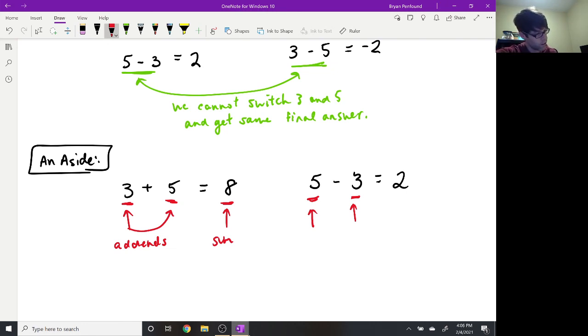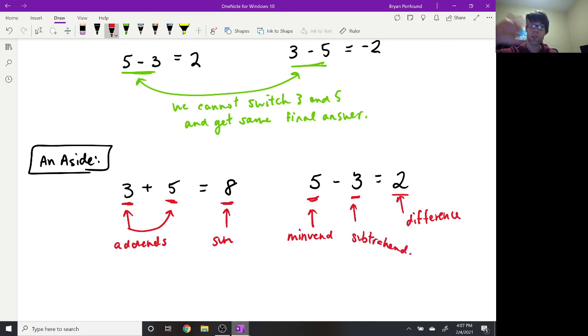So that's addition. Okay, I always know this one. This one's always called the difference. Right, the difference of 5 and 3. But our other two numbers are sometimes called the minuend and the subtrahend.